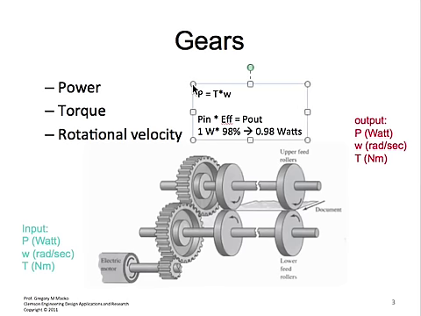And the efficiency is related to the amount of losses within each of the gears. And so you can imagine that as we increase the number of gears associated with a spur gear train, our efficiency would go down.